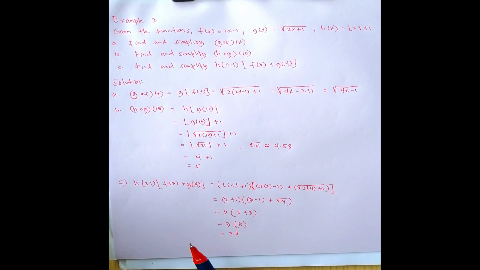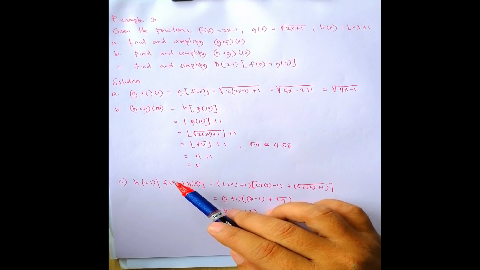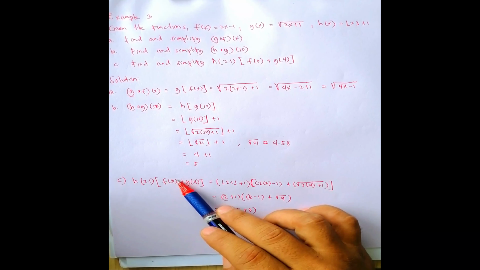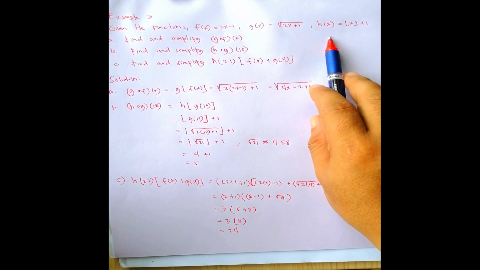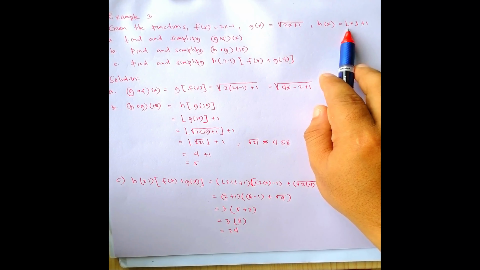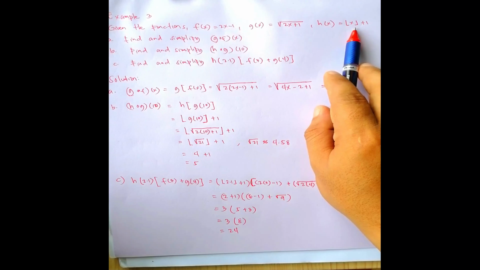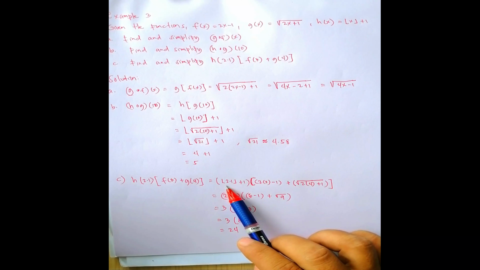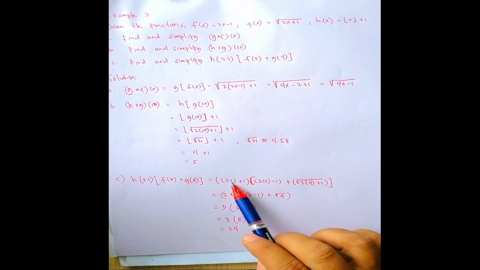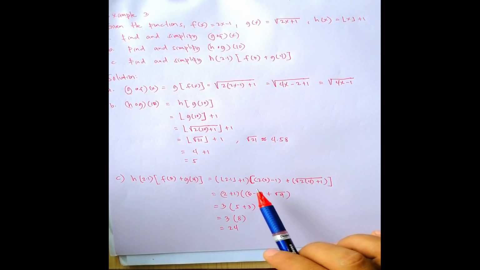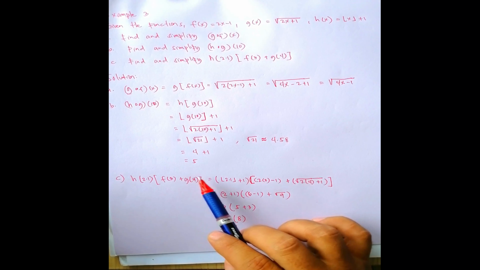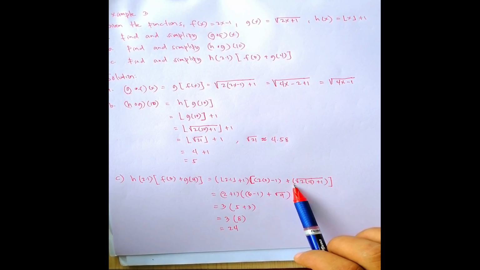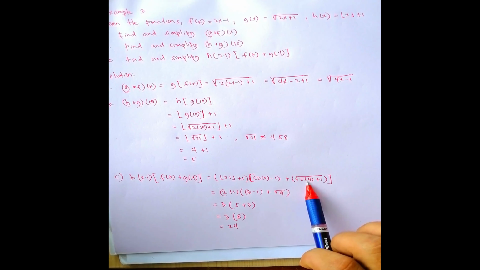And for the last, h of 2.1 multiplied by the sum of f of 3 plus g of 4. First, we need to substitute 2.1 in the function h of x equals the greatest integer function x plus 1. Since 2.1, the greatest integer that you can form from this decimal is 2, plus 1, multiplied by f of 3, which is 2 times 3 minus 1, the same as 5, plus square root of 2 times 4 plus 1.